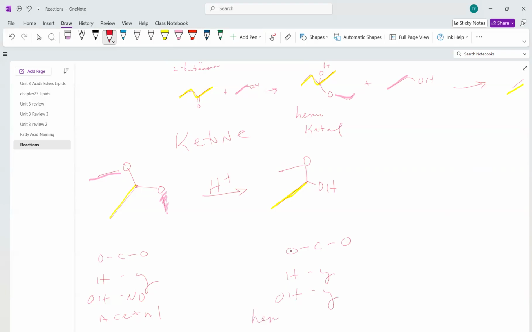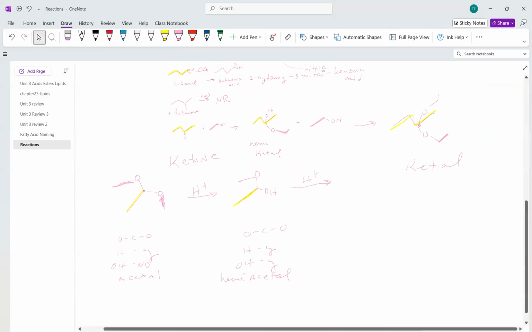It becomes a hemiacetal. And it's going to keep going and lose another one.